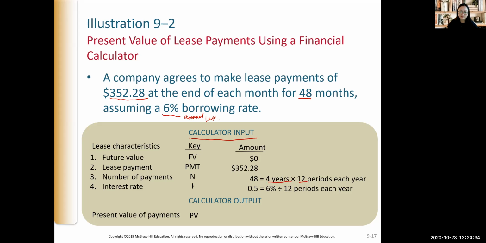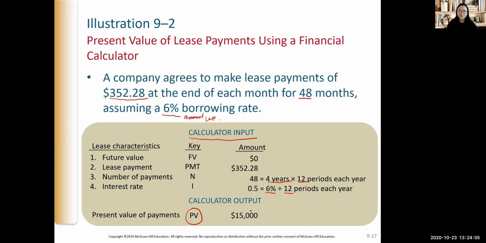And the interest is an input key as I. You put 0.5 because it's 6% for 12 months, so that's 0.5. And then you click present value. It will directly calculate the amount for you, which is about $15,000.